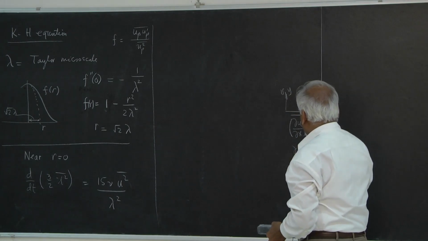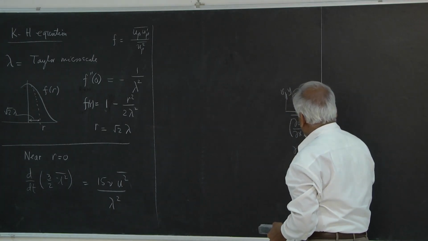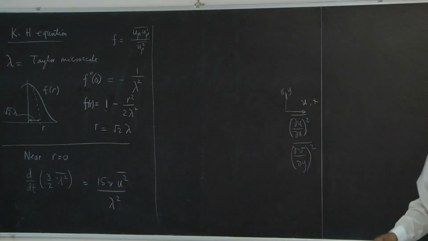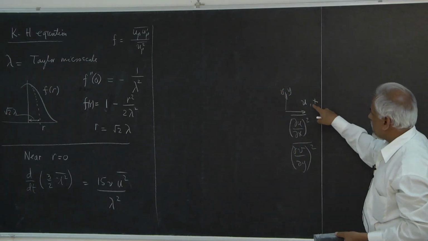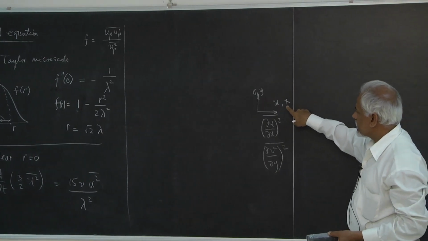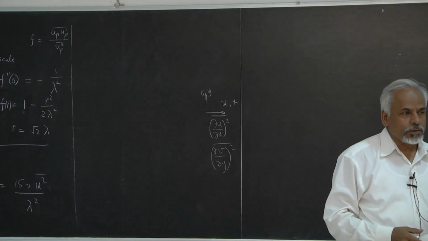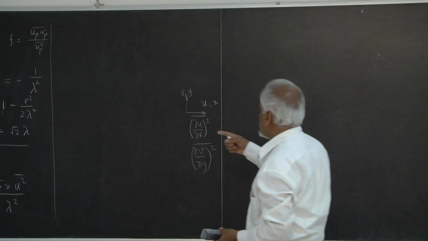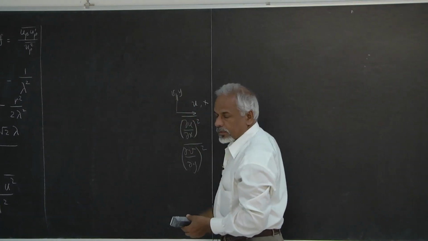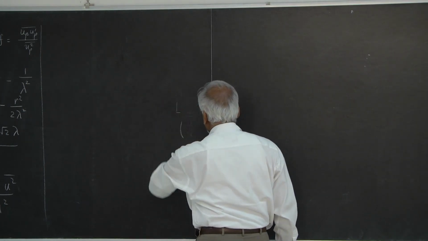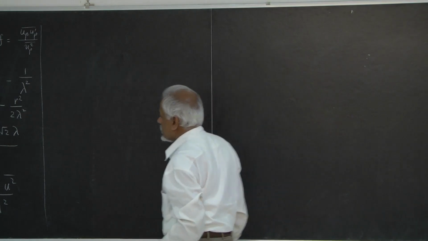So dv dy squared is equal because of isotropy. There is no difference between the operation you perform on u with respect to x in comparison with the operation you perform on v with respect to y. And similarly, w with respect to z, etc.